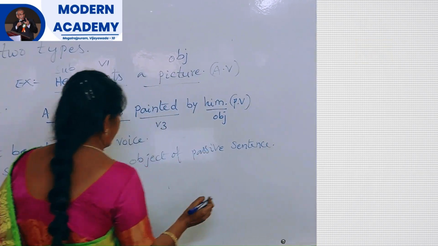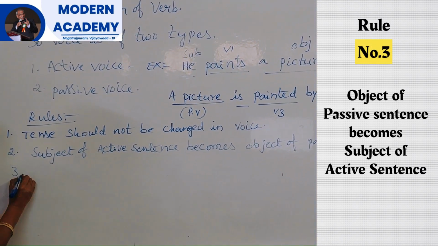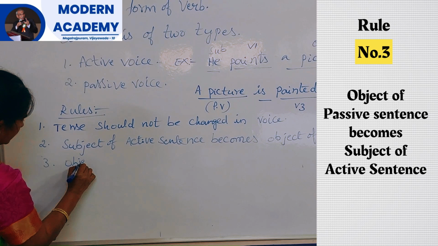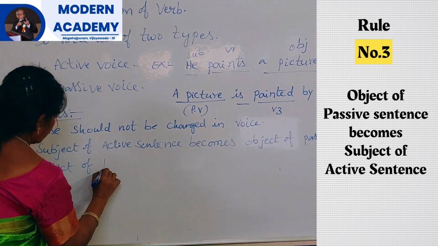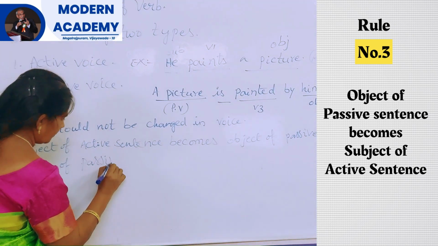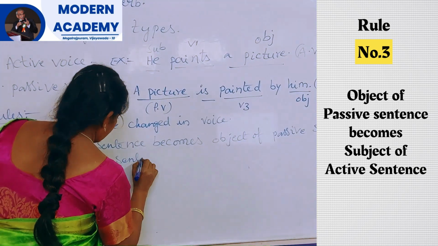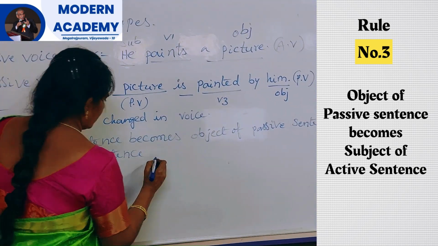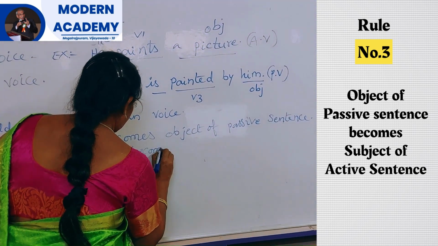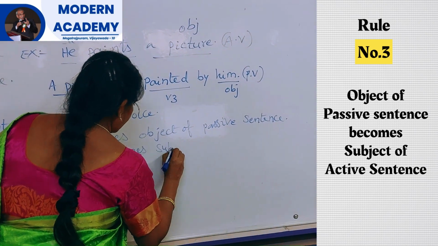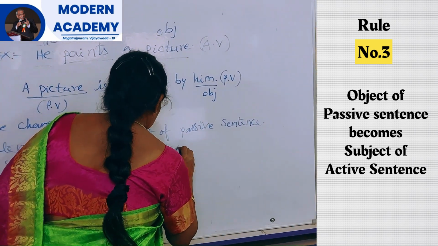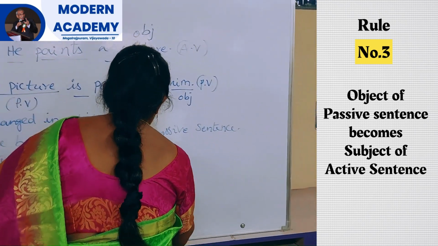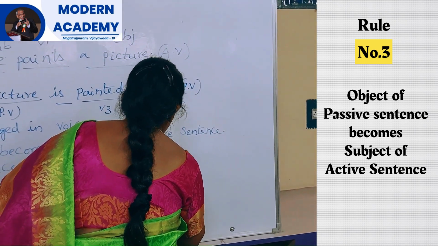Next, rule number 3: object of the active sentence becomes subject of the passive sentence.